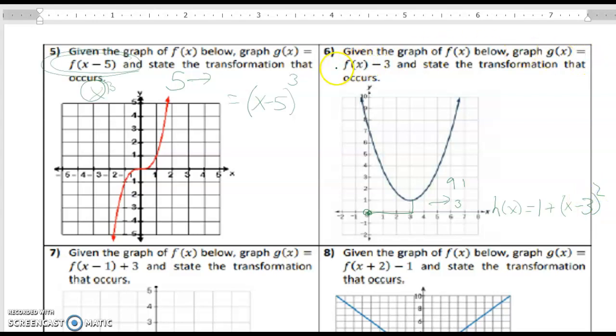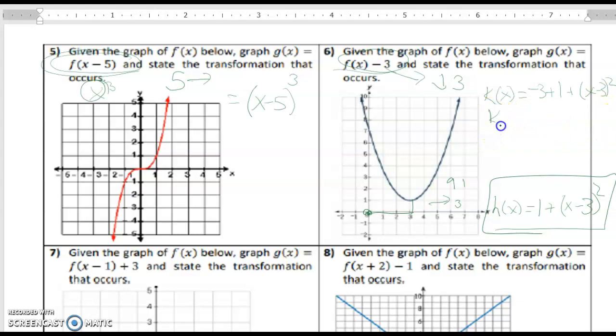And now they're taking that parabola and saying, do this to it. Well, what this does is this says move it down 3. So to move this parabola down 3, we're now going to call it k of x, and say negative 3 plus 1 plus x minus 3 squared.